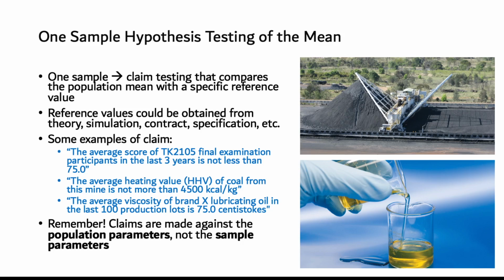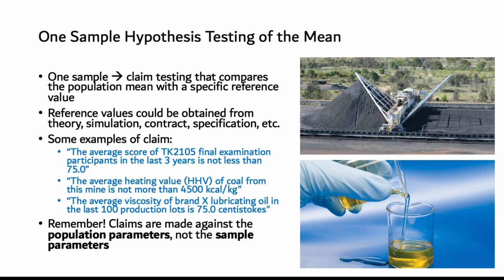One sample hypothesis testing of the mean means that we test a claim that compares the population mean with a specific reference value. Some example of the claim is the average score of statistic class final exam participant in the last 3 years is not less than 75.